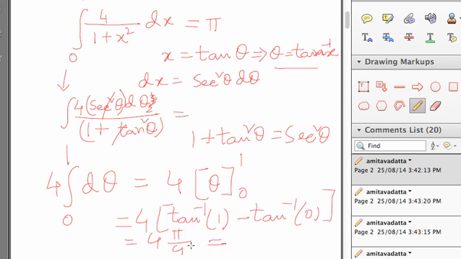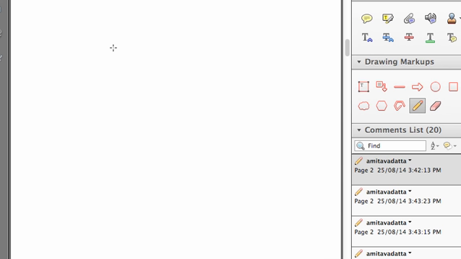So this 4 and this 4 cancel, and you have got pi. So if we can somehow implement this integration in the computer by writing a program, we'll get the value of pi. Now, how to do that?